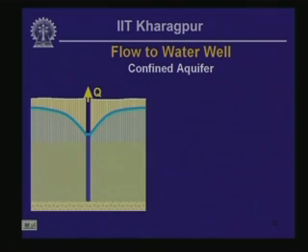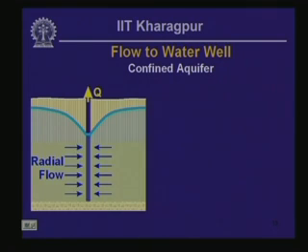And let's put a few dimensions there, and actually you should notice here is that the water is flowing within the confined aquifer. In this case, because the water well penetrates the entire depth of the confined aquifer, you are going to have a flow which takes place in the radial direction inward towards the well.